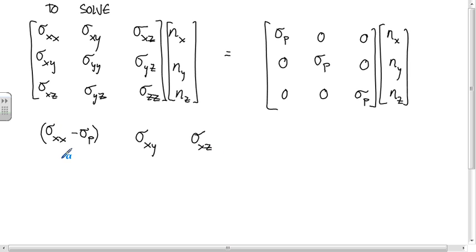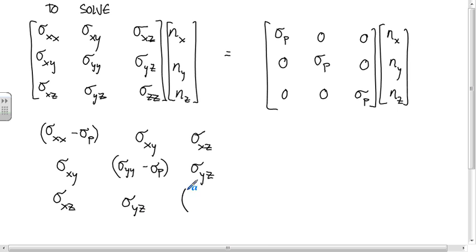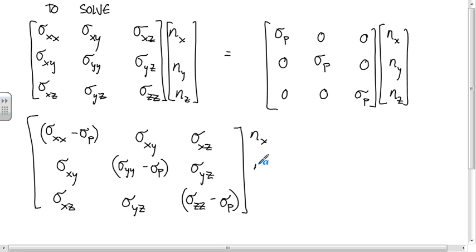And then the second row is sigma xy, sigma yy minus that principal stress, sigma yz, and then sigma xz, sigma yz, and then sigma zz minus the principal stress. And that times the unit normal vector has to be equal to 0.